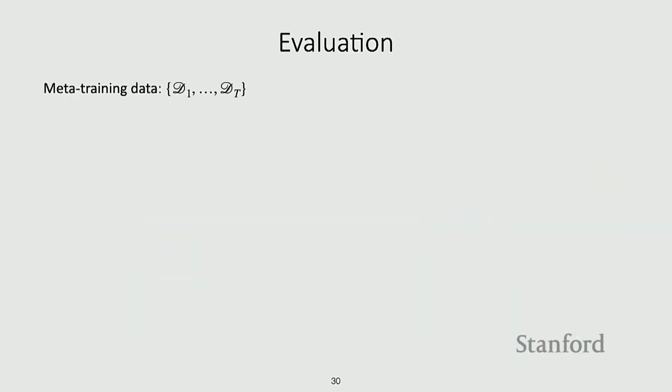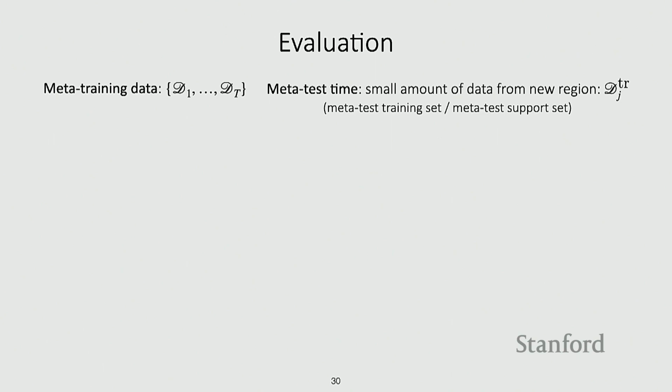Okay, so they had meta training data, and at meta test time, they're given a small data set for a new region. And this is the support set of the meta test task. And they compared just randomly training on the support set of the target task.